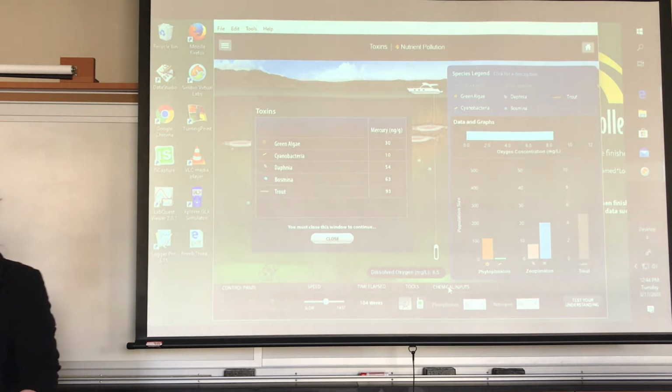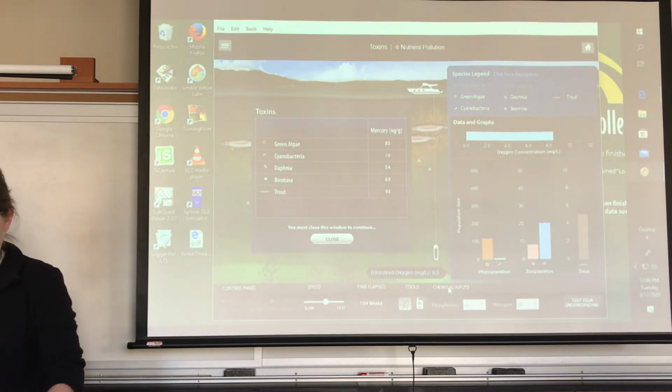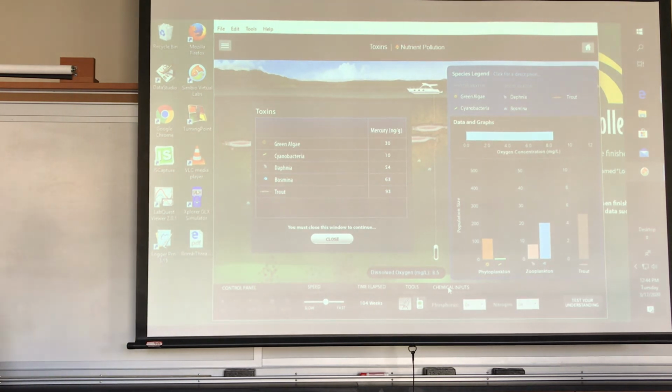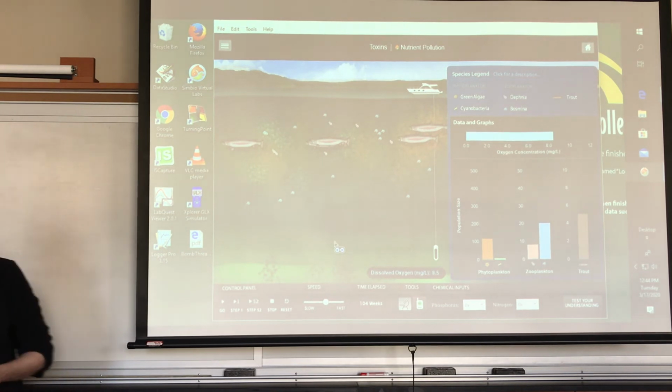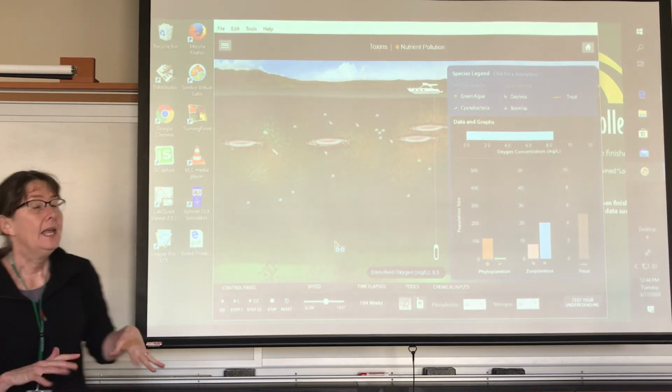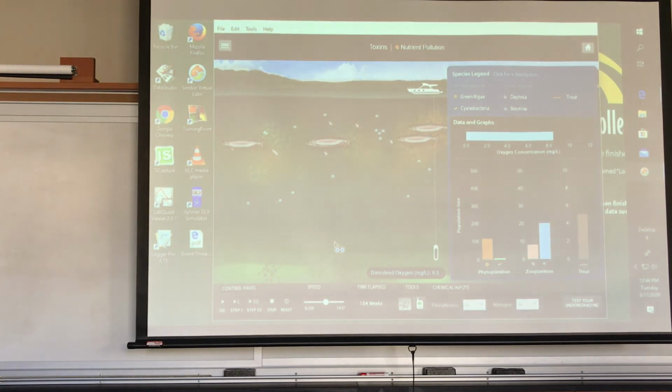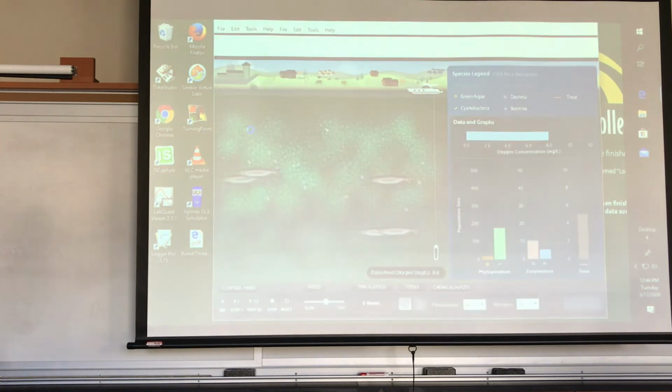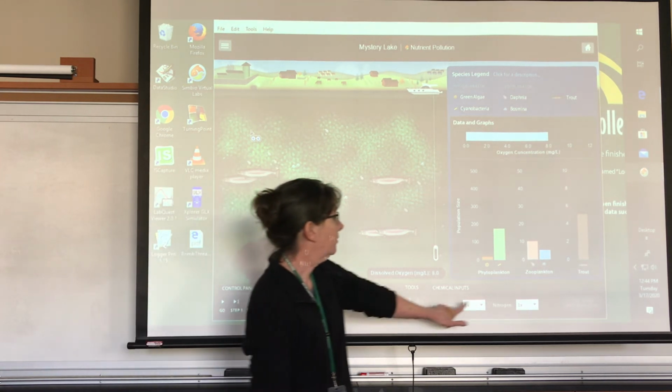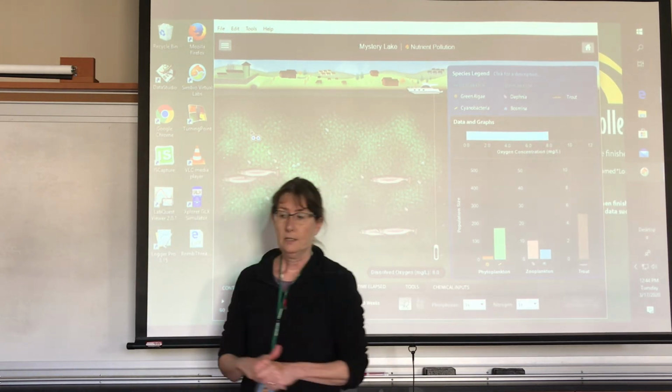And then the last activity you're going to do is called Mystery in the Lake. In the mystery in the lake, you can change or alter the levels of both phosphorus and nitrogen.